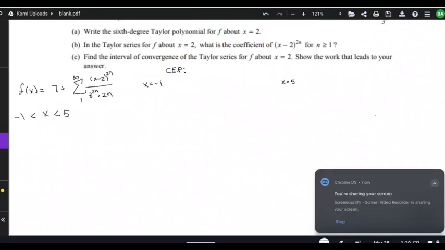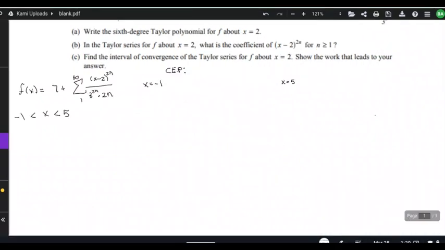Now that we found the interval of convergence, we have to check the endpoints. So checking the endpoints at x equals -1 and x equals 5, we're going to plug them back into our general series. So we're going to have 7 plus summation 1 to infinity of negative 3 to the 2n power over 3 to the 2n times 2n. So these two cancel out, and that negative goes away because of the second power.